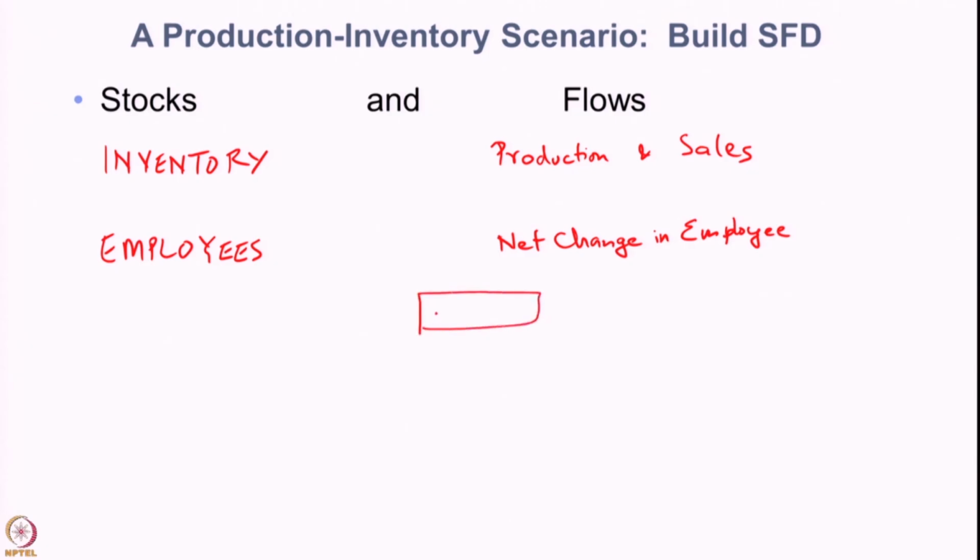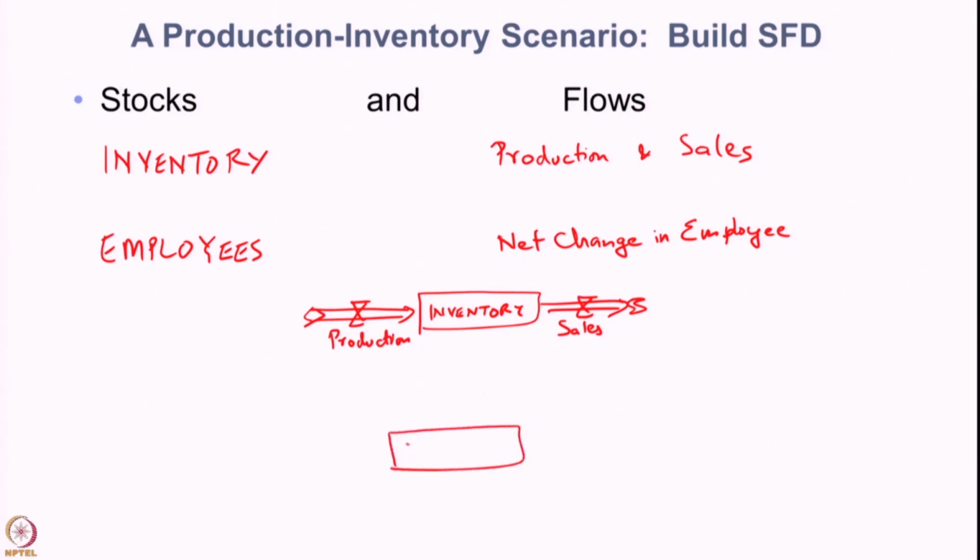We have inventory, sales, production, and here we have employees, and let us just call the flow the net change in employees, just rewriting the stocks and flows in terms of the diagram that you are used to.